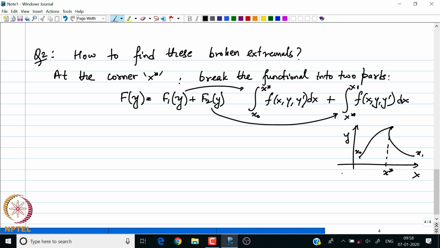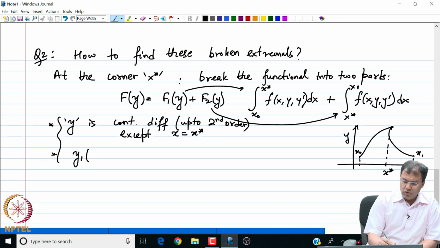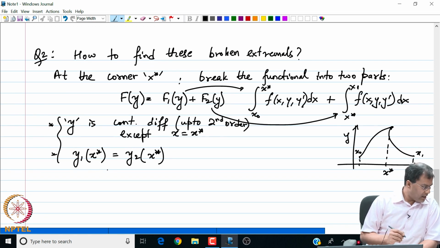Then the requirement is that y is continuously differentiable up to second order, except at the corner point, except at x equal to x star. Further, I also require that the solution is at least continuous, which means that the solution y1 matches with the solution y2 at x star. So they are at least continuous over the entire interval.